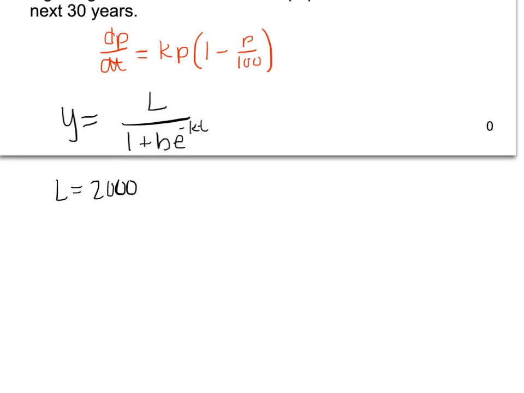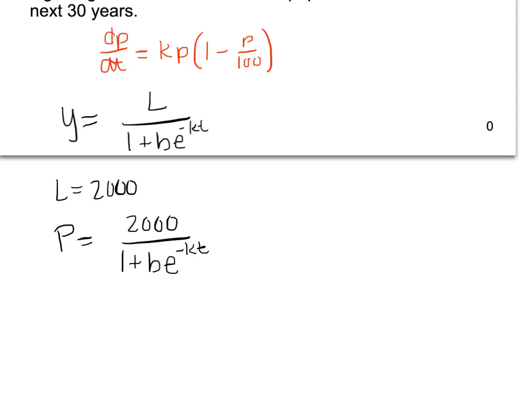I'm looking for population P, so I can replace my L with 2,000 divided by 1 plus Be to the negative kt. Now I'm going to have to use those initial conditions that were given to me in order to find my B, my k, and then eventually my population after 30 years.